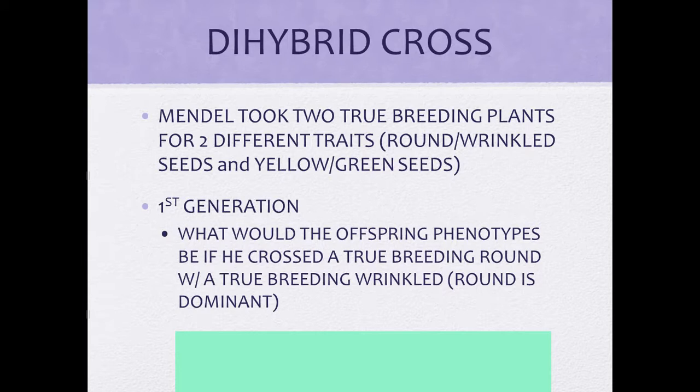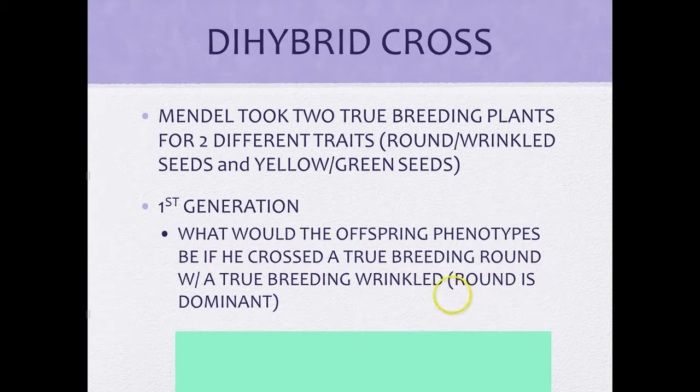In Mendel's experiments, he took two true breeding plants for two different traits, round and wrinkled seeds and yellow and green seeds, and then he looked at the first generation. What would the offspring phenotypes be if he crossed a true breeding round with a true breeding wrinkled, round being the dominant trait?